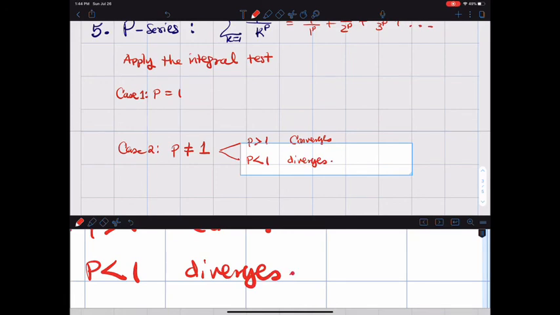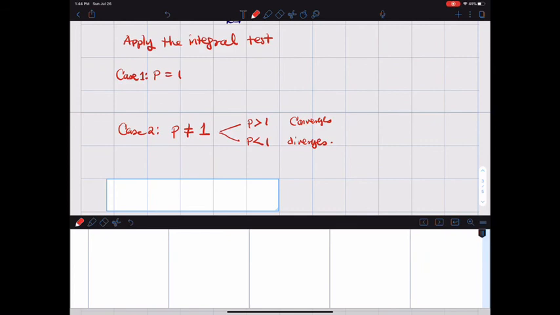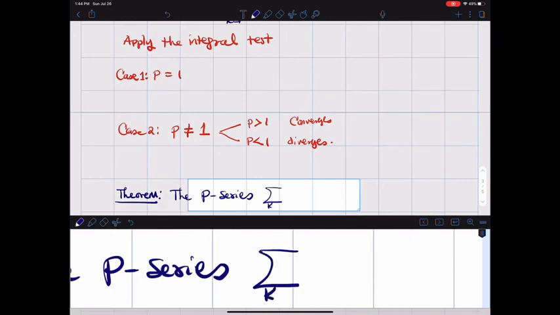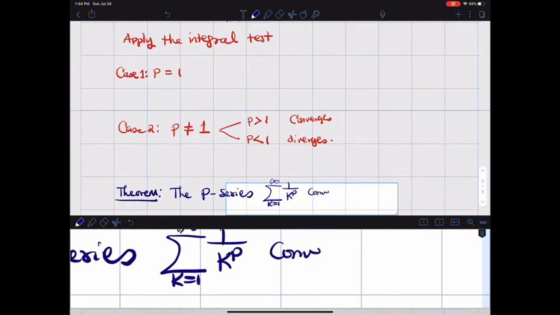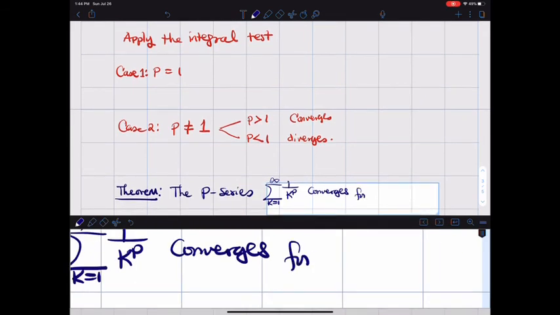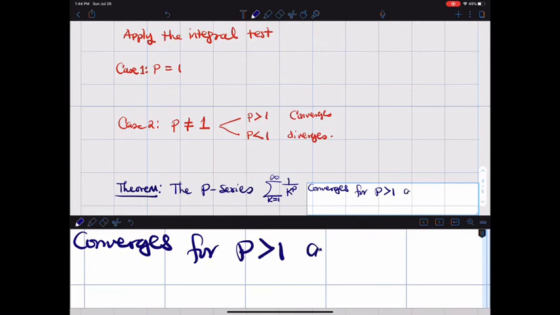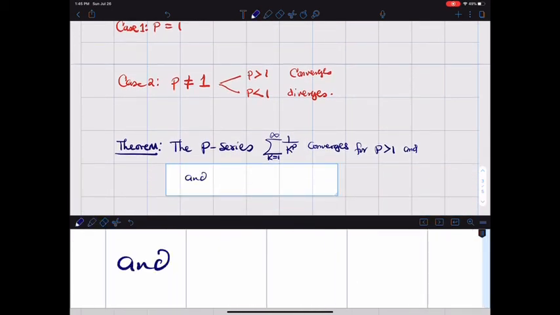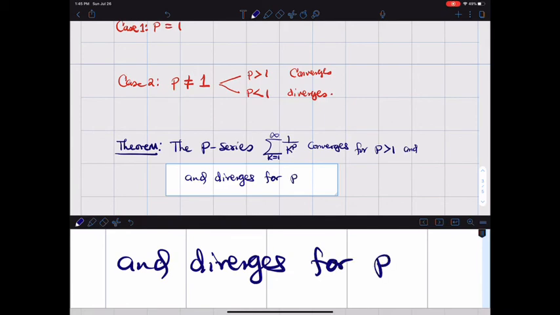So with this, we can end up with a little theorem that says that the P series, the sum from k equals 1 to infinity of 1 over k to the power of p, converges for p greater than 1 and diverges for p less than or equal to 1.